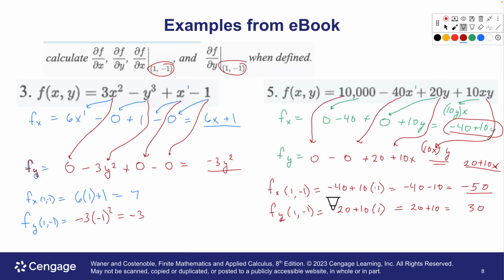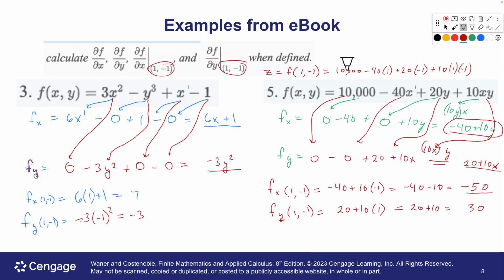How do we figure out what z is? We come back to the original function, and we plug in this point 1, negative 1. This will give us what z is at that point. So we get 10,000 minus 40 times 1. And this takes us back to the previous assignment. Plus 20 times negative 1. Plus 10 times 1 times negative 1.